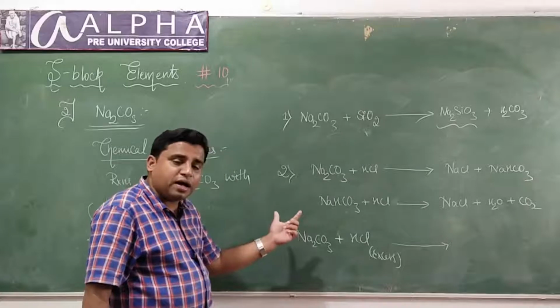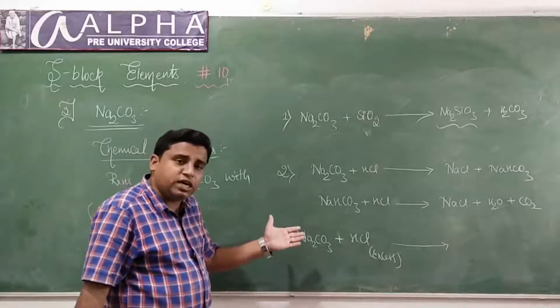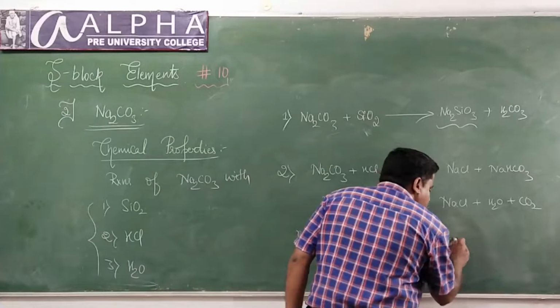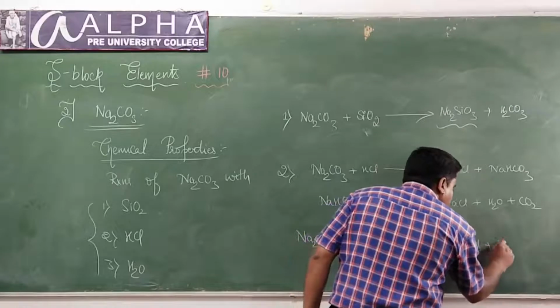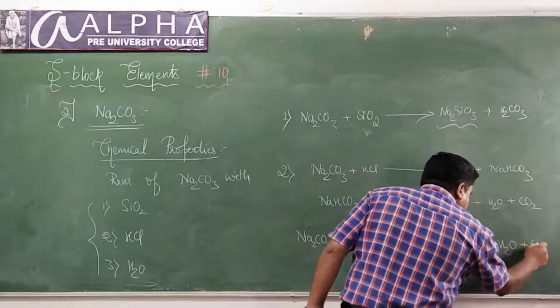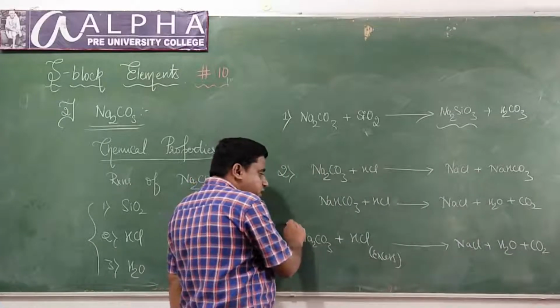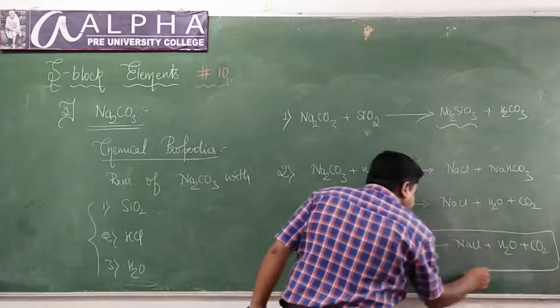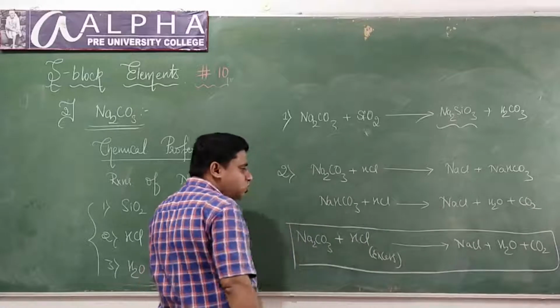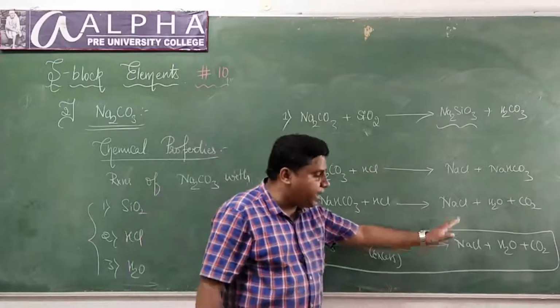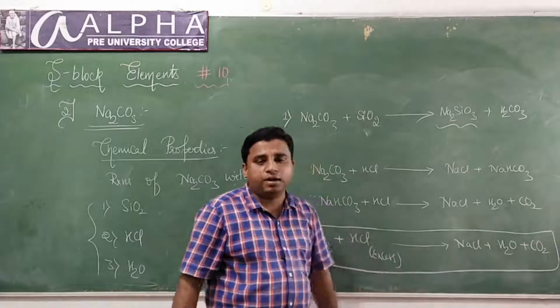Sodium carbonate reacts with HCl, interchange the ions to form sodium chloride, water and carbon dioxide. If sodium carbonate is treated with excess of hydrogen chloride, it forms sodium chloride, water and carbon dioxide.